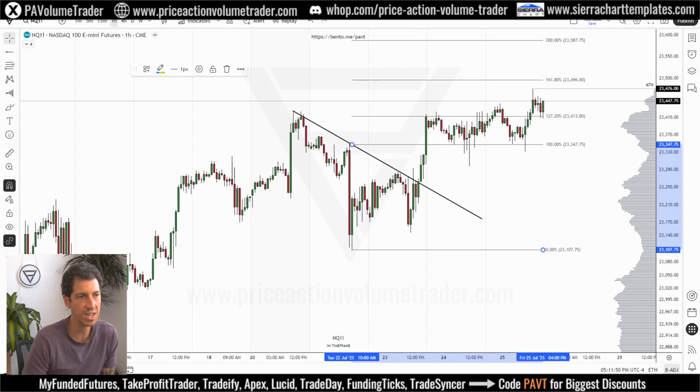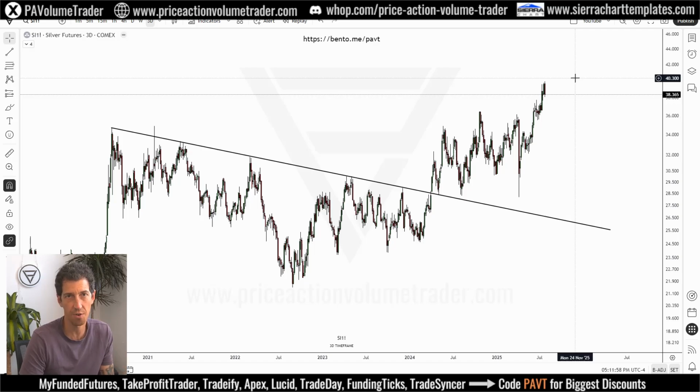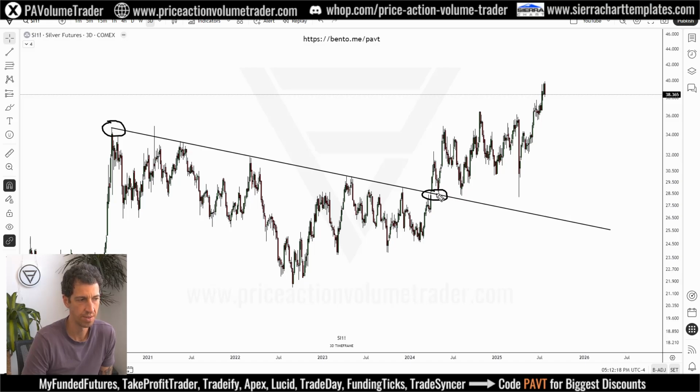And one last example here on silver. This is a 3-day chart. This is a very long-term measure move, so this is great for swing trading, okay? And you can see we have a long trend line coming from pretty much around July 2020, and we broke out of it right around the beginning of 2024, okay?